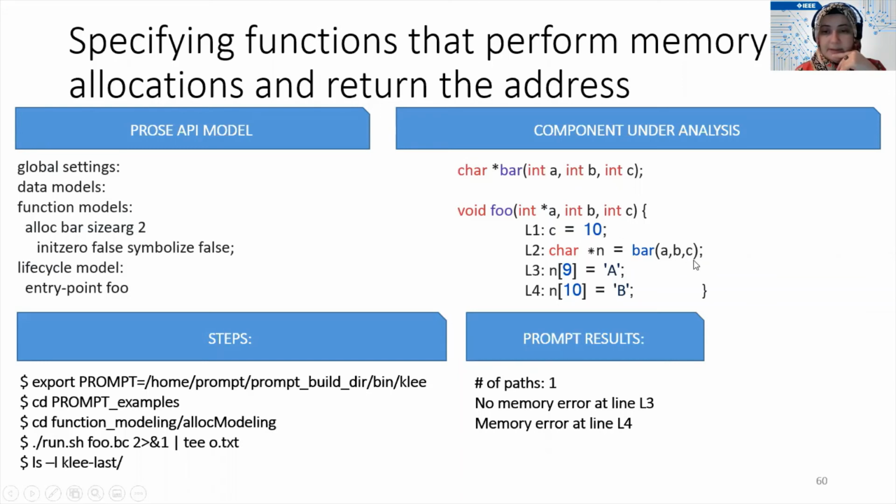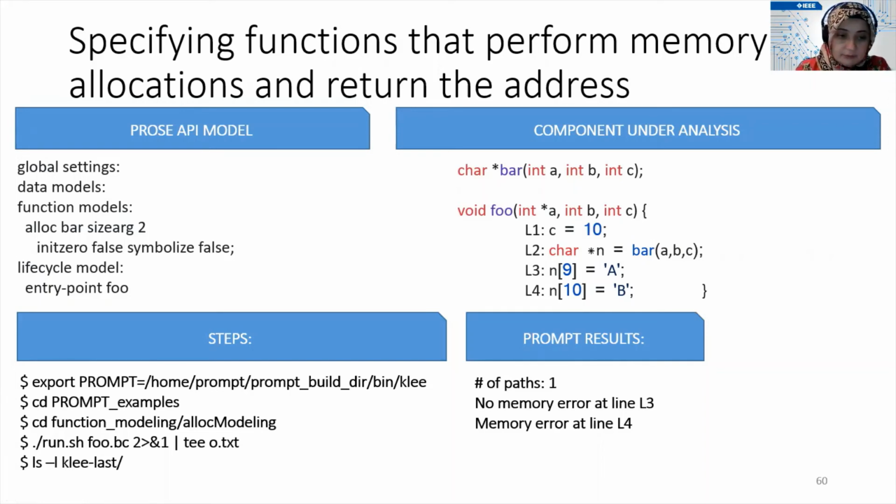It means we'll be creating a memory chunk of size 10, and returning the address as a return value, stored in pointer n. If we use 9 as an index value into this array, it should be perfectly fine. But if we use 10, it will cause a memory error.